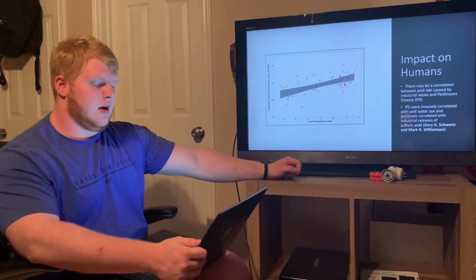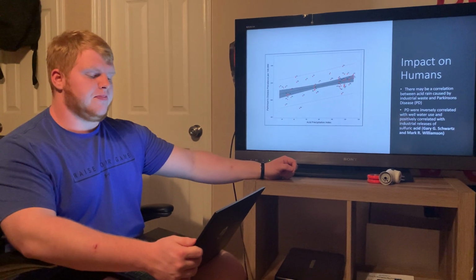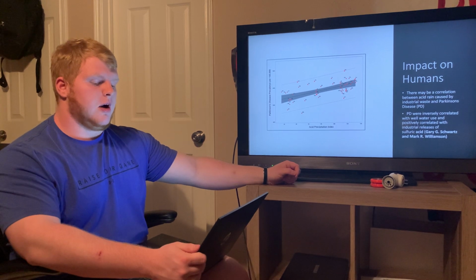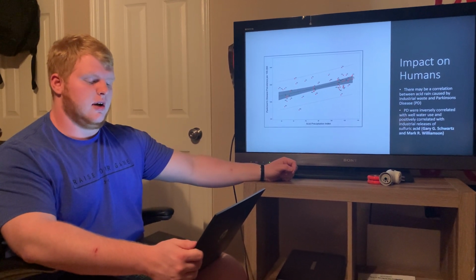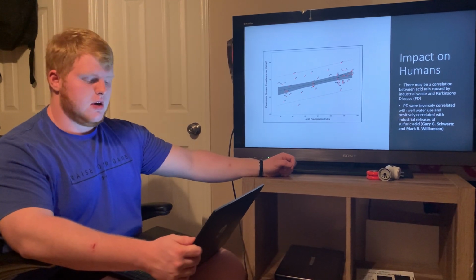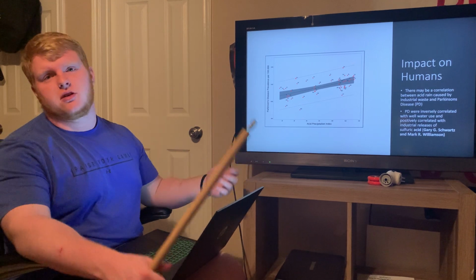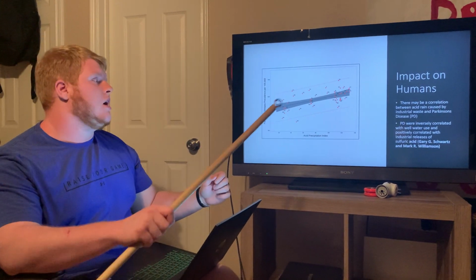To quote them, Parkinson's disease rates were inversely correlated with well water use and positively correlated with industrial releases of sulfuric acid. And that sulfuric acid eventually turns into the atmospheric pollution that becomes acid rain.